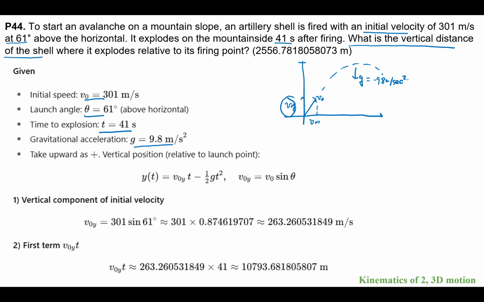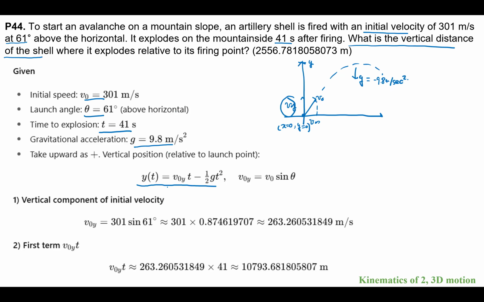And then let's take plus as the upward position along y. And we note that Vy is given by this one. Note that initially x equals 0 and y equals 0.